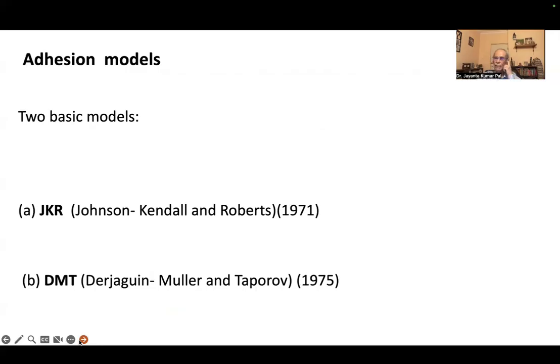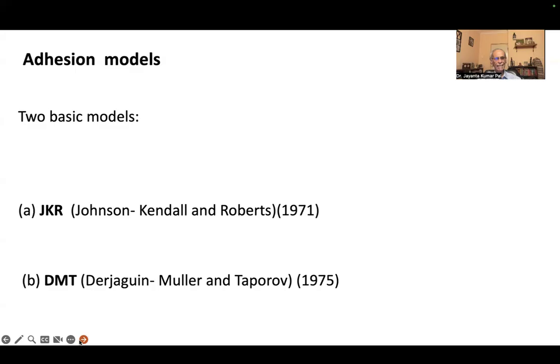Now, there are many different models of adhesion. This is a very big topic, and obviously we cannot go into the in-depth detail of this topic. But very briefly, we mention the two main models. There have been many more models developed since these two came up.